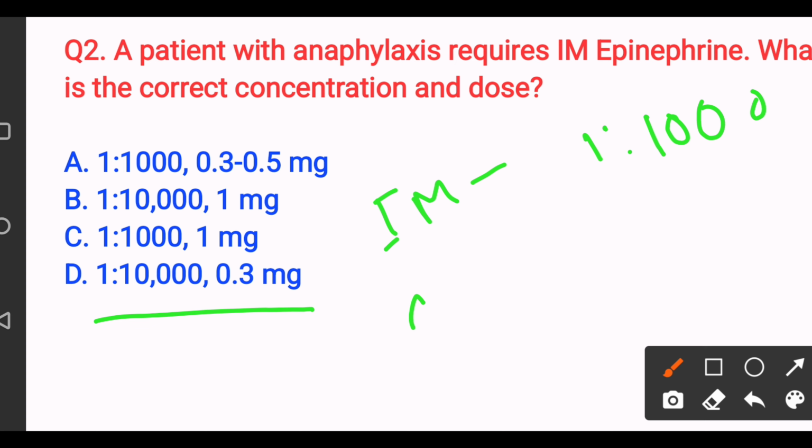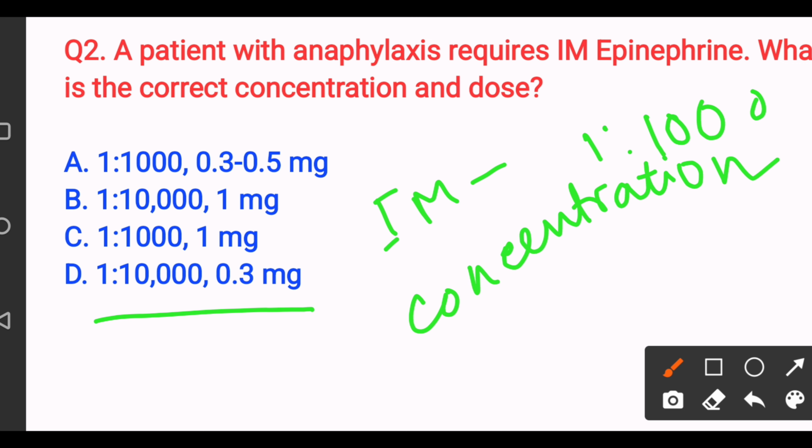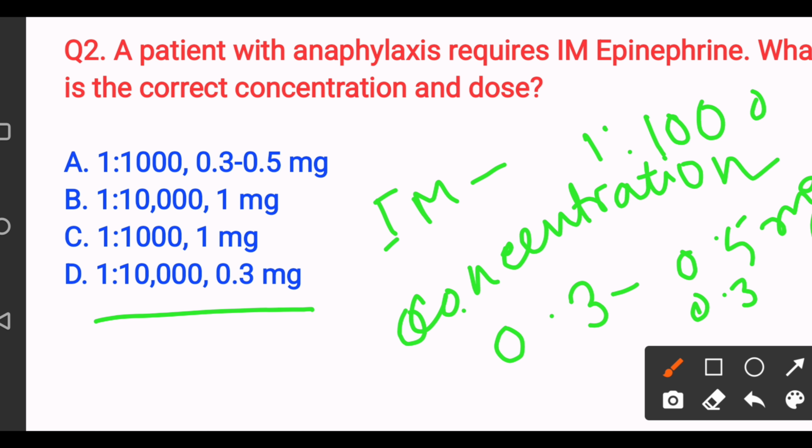In IM we are giving the 1:1000 concentration, and the dose will be 0.3 to 0.5 mg, that is 0.3 to 0.5 ml, in the anterolateral thigh.